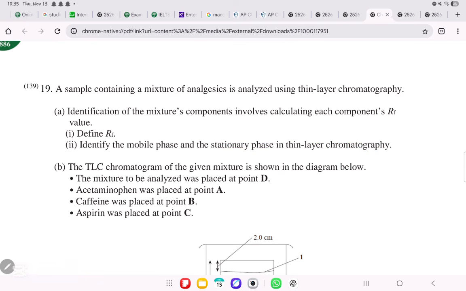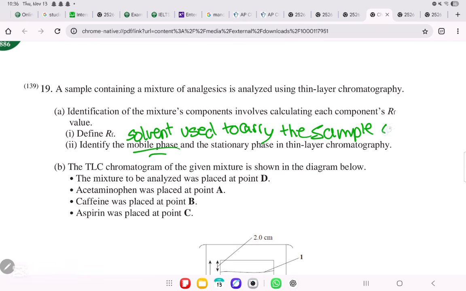Okay? Then, if they asked us, what is the mobile phase? Okay, the mobile phase refers to the solvent or the mixture of solvents used to carry the sample components along the stationary phase.